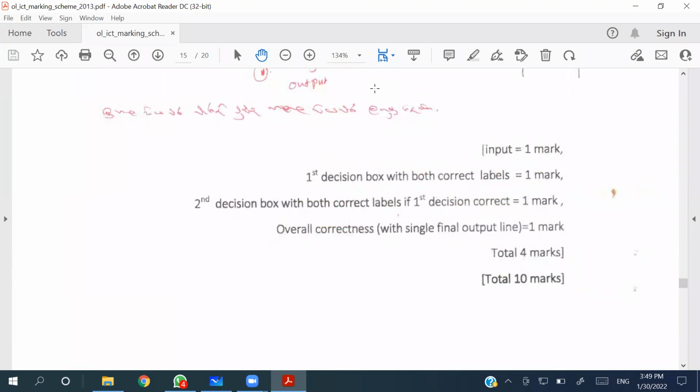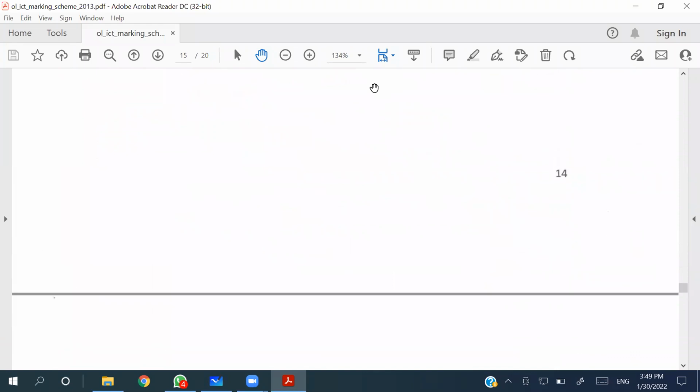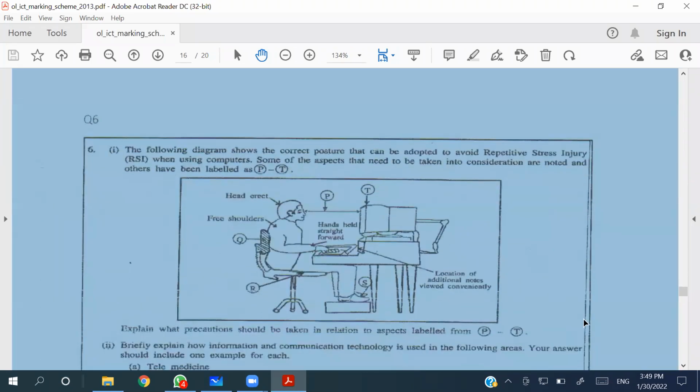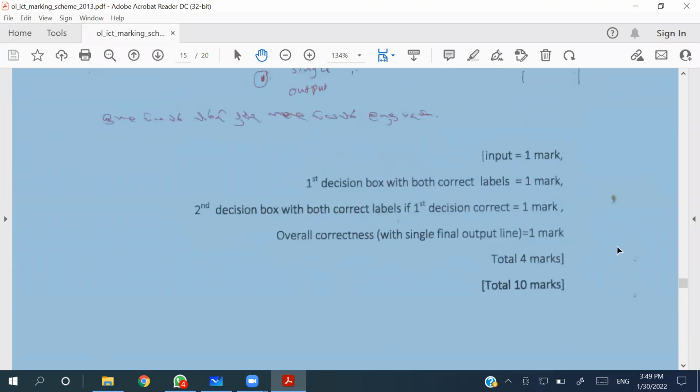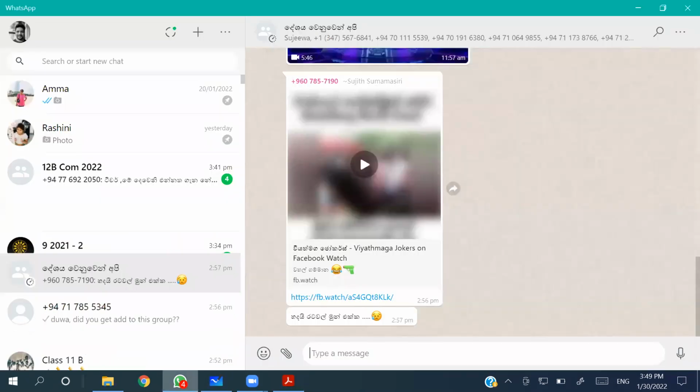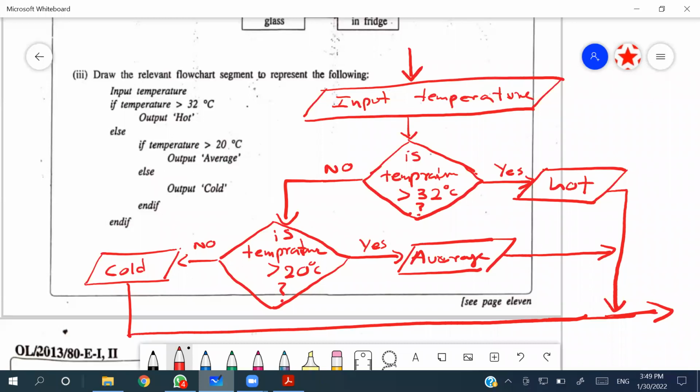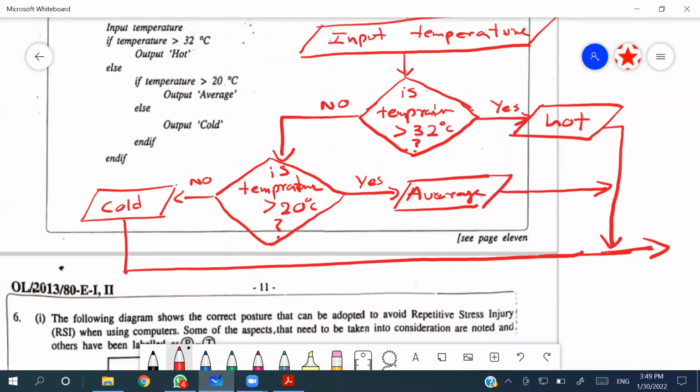So altogether, they are giving you 4 marks. Right? So who got 10 out of 10, people? Yes, 9 out of 10. Okay, Himidri, it's a nice one. Okay, brilliant.